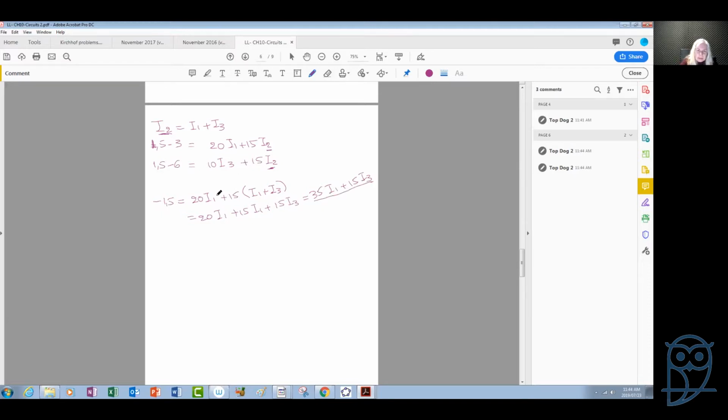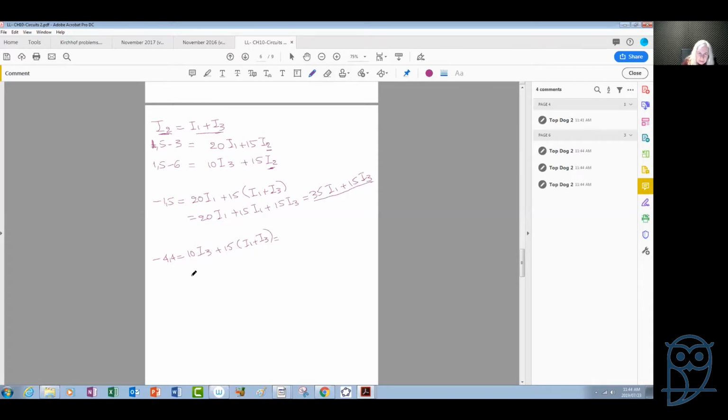From the second equation, 1,5 minus 6 is minus 4,4. And I3. So here replace again the I2 from there. So 10 I3 plus 15 times I1 plus I3.